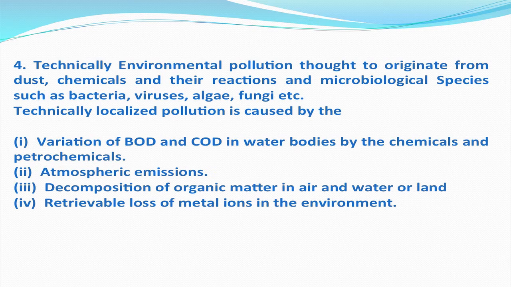These are all natural disasters. Suppose a meteorite comes and falls somewhere, a lot of dust will be generated automatically, and all these things will keep on generating pollution with respect to natural disasters.